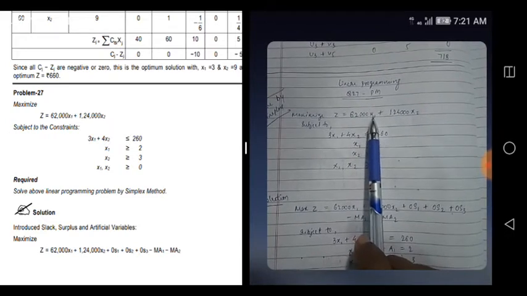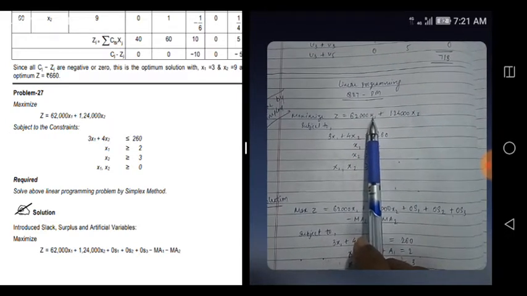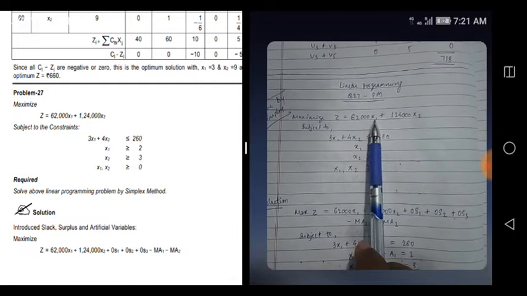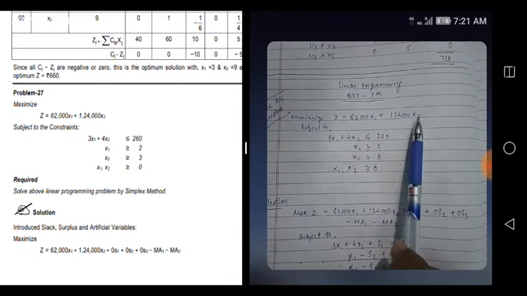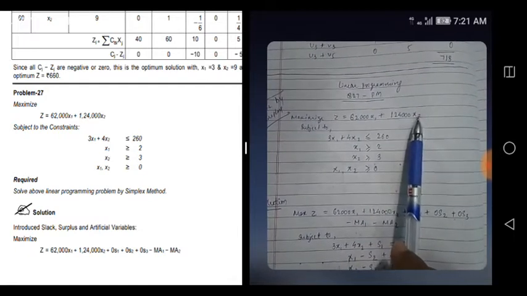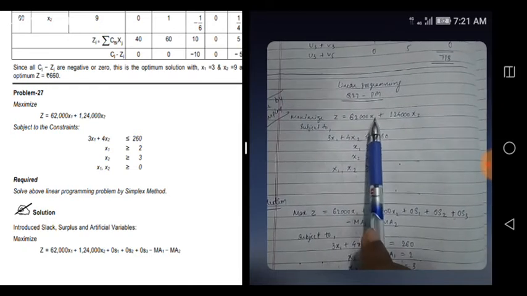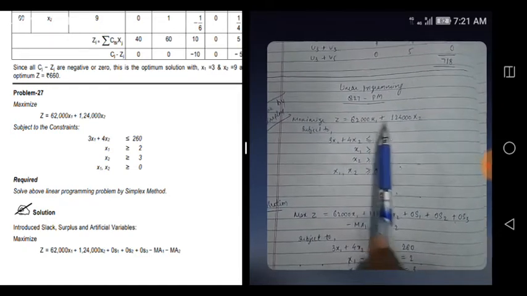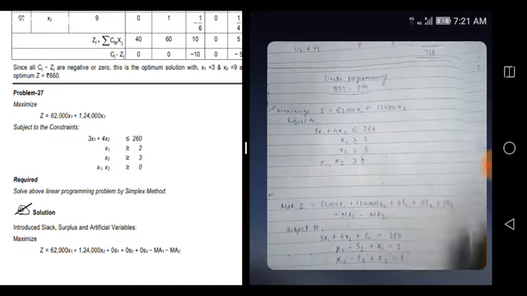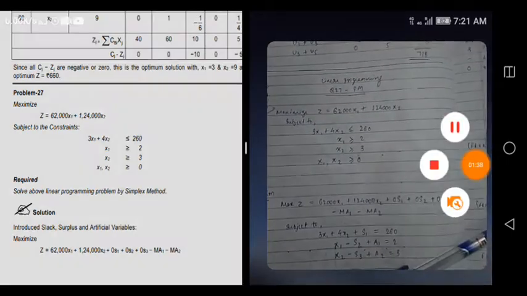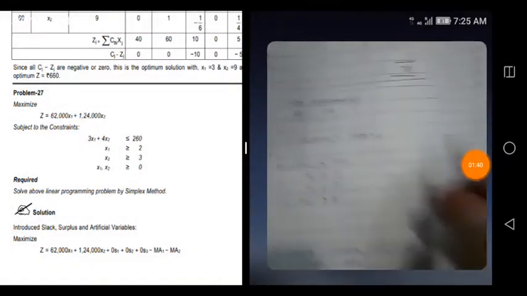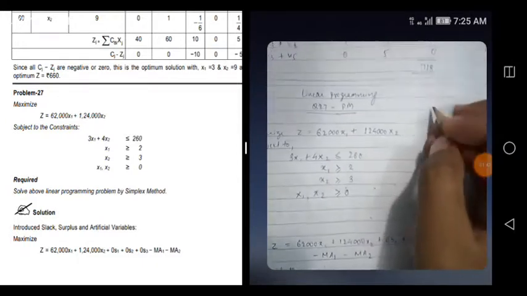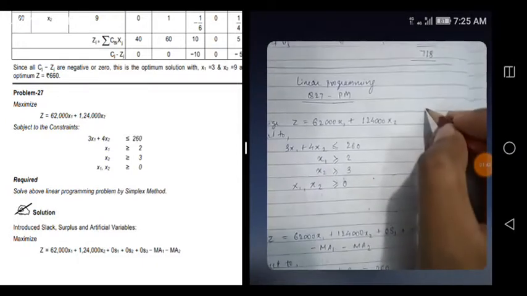So how to maximize? By producing x1 number of units of some product and x2 units of some other product.